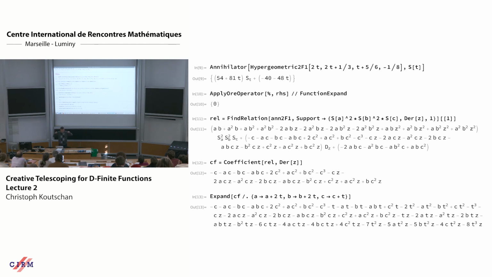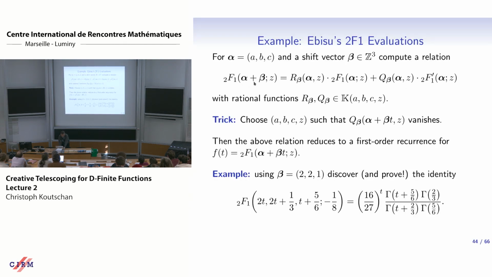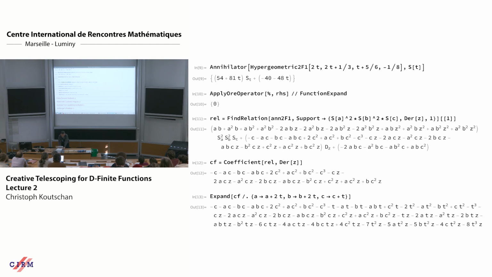Proof. But so what Ebiso is doing is really finding these identities from scratch. So let's assume we don't know that such identity exists. Then we would take the annihilator of 2f1, and we try to find a relation of this form. So yeah, we can use this command, find relation, and we give the support.